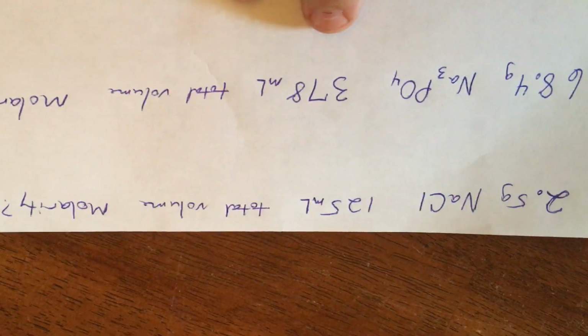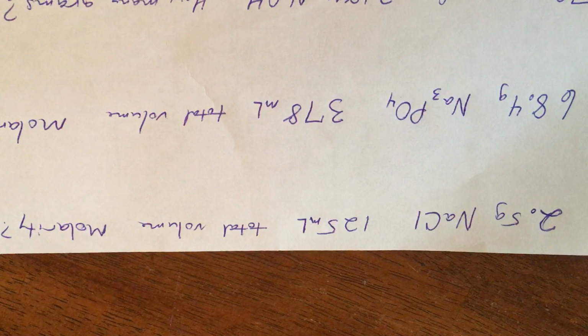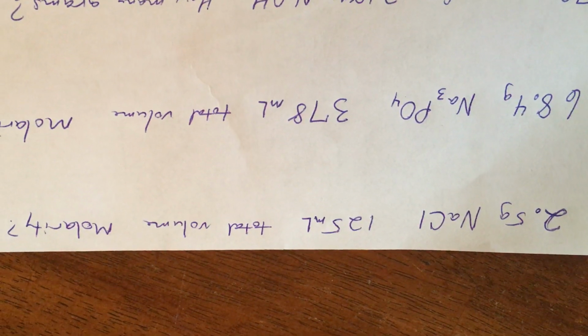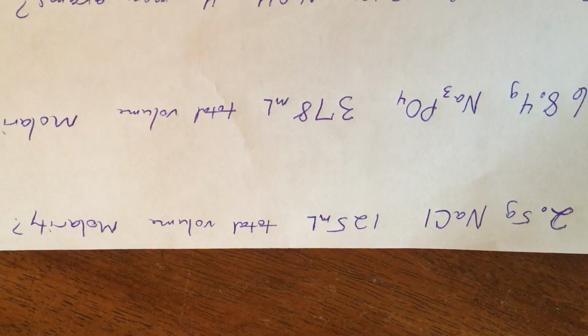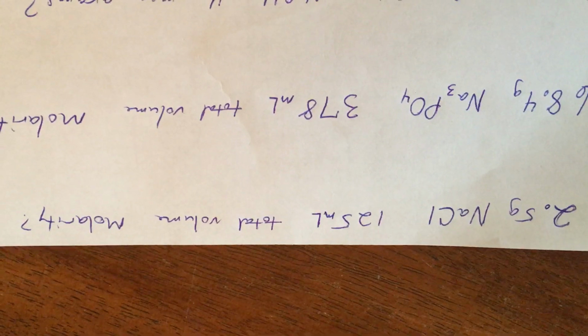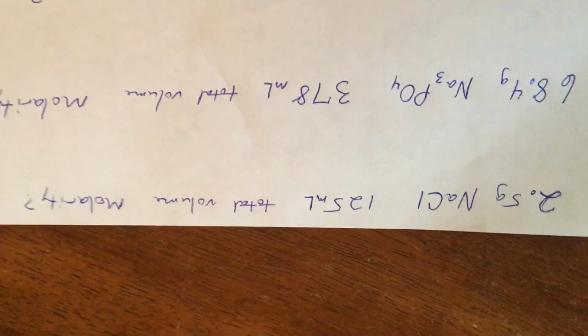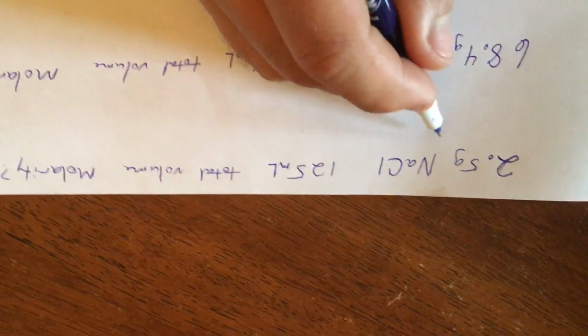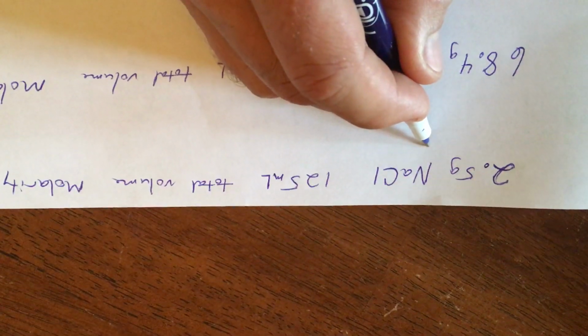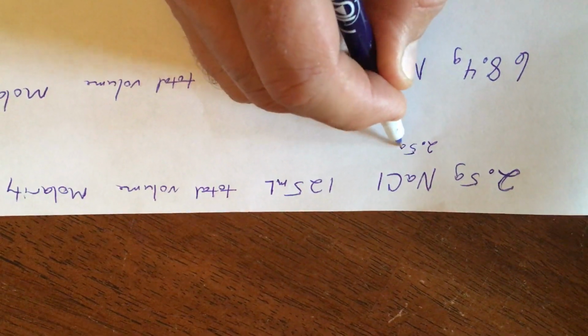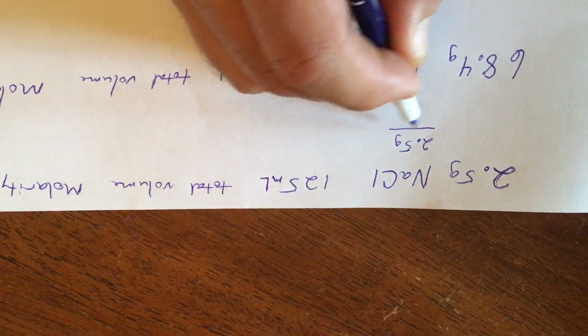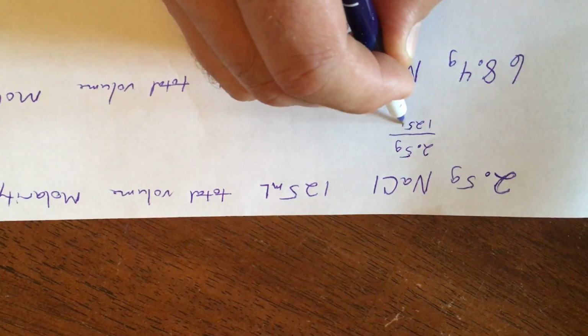Let's take a look at a couple of these here. On this first one, we have 2.5 grams of sodium chloride, but we want a total volume of 125 milliliters, and they're asking, what's the molarity? So I've got 2.5 grams for a total volume of 125 milliliters.